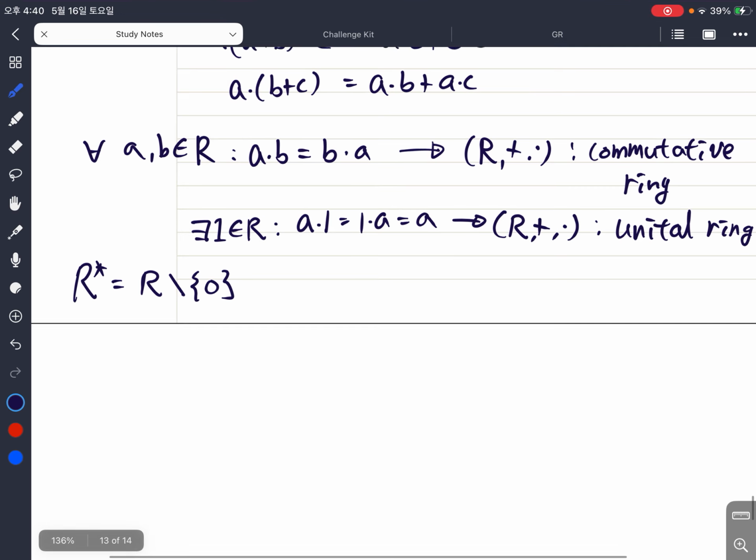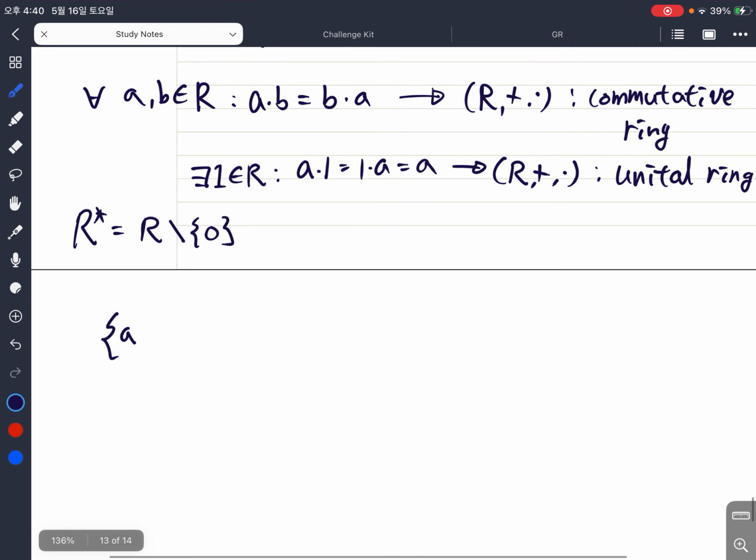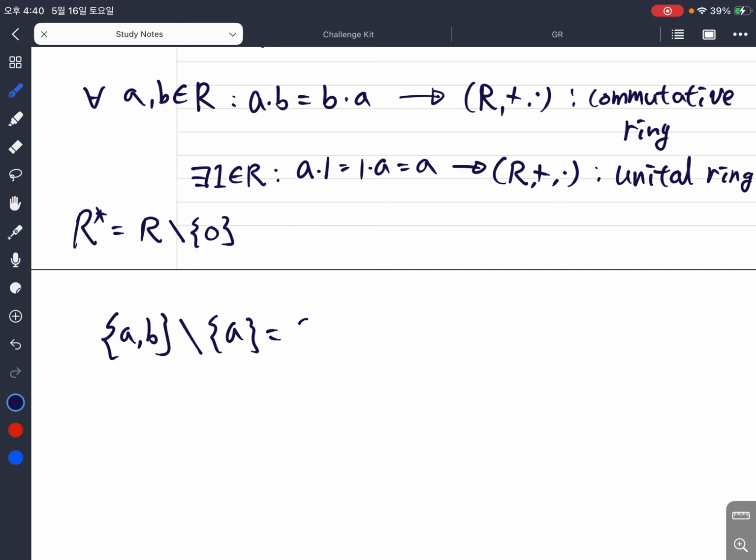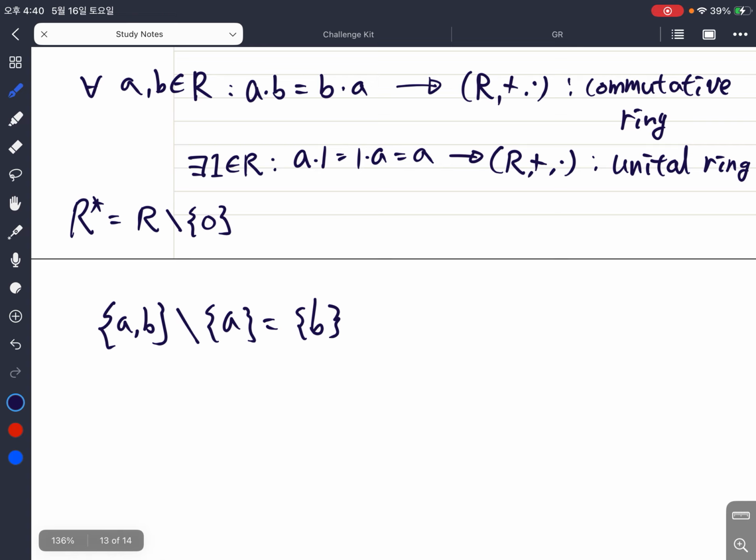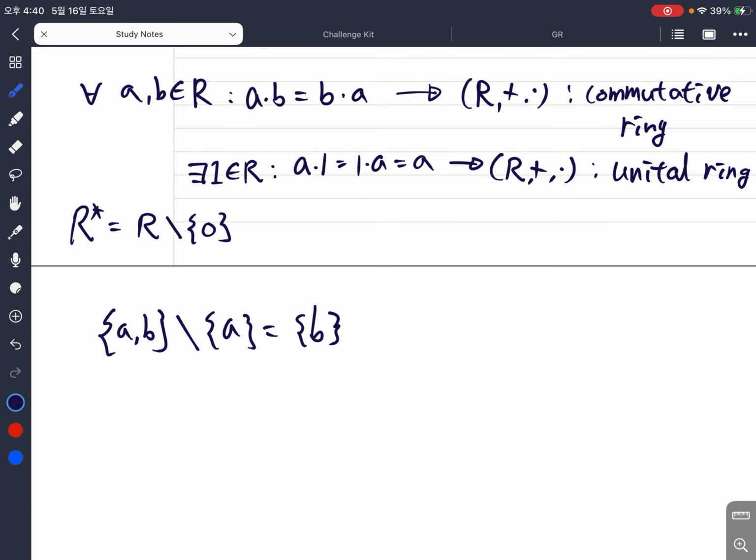For example, A, B minus A is just B. This is what we call set minus, so you remove an element from this set. If we remove 0 from the set, we will write R star.